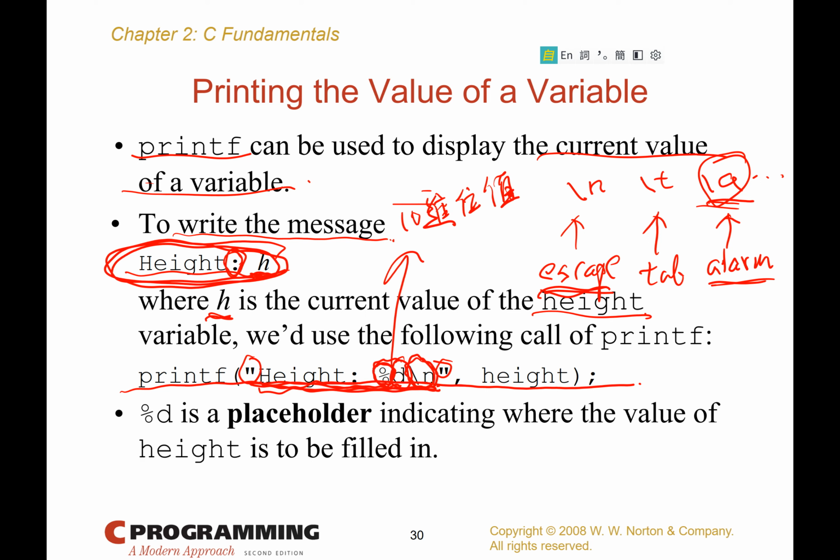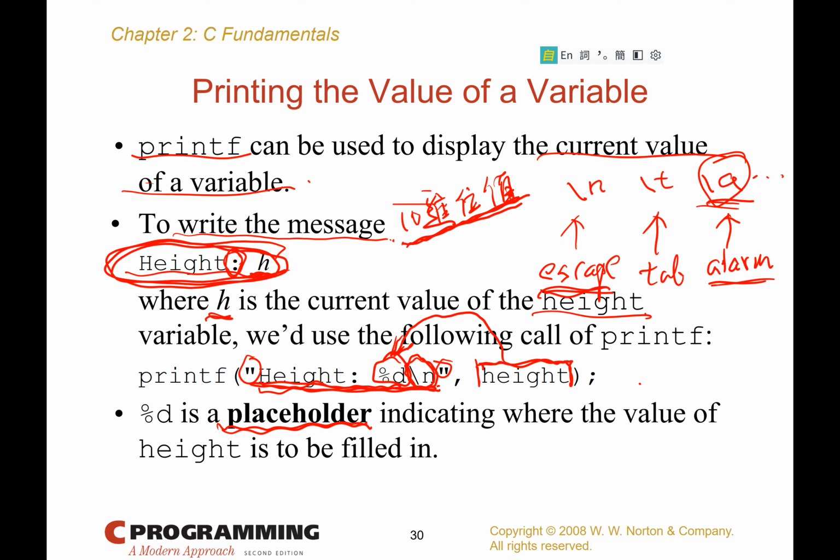Now, how value will be placed in here is the value of height. The value of height will be printed in this percentage D, the location of the place percentage D, with the format of decimal value, with the format of 十进位. So the percentage D in here we call it a placeholder.